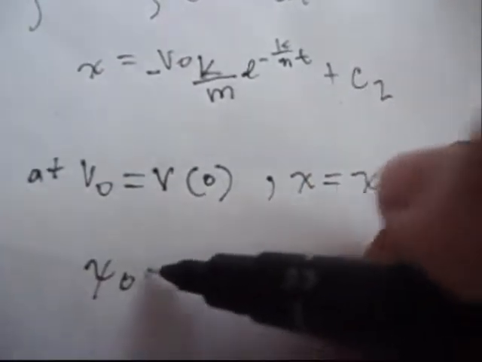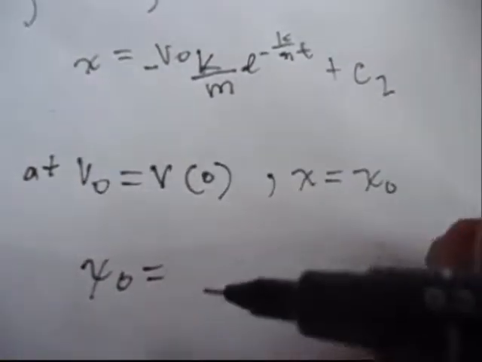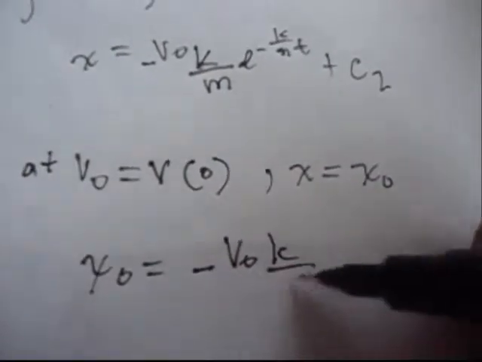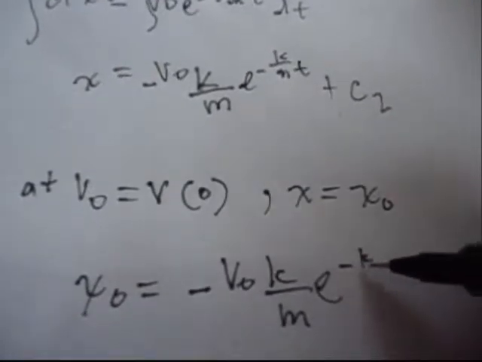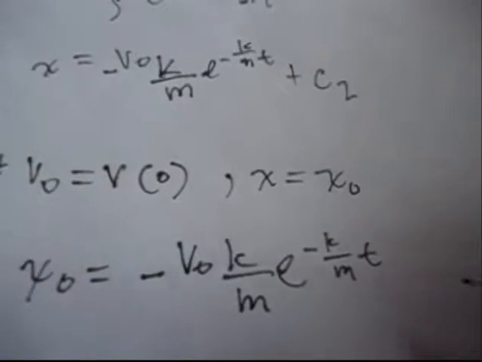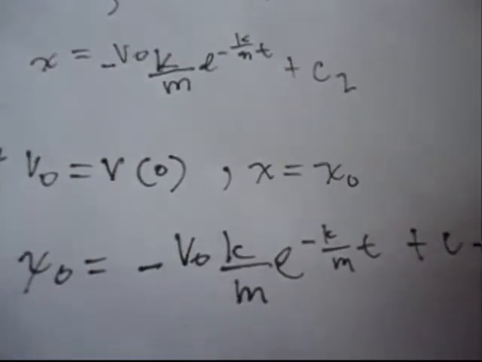So x sub o is equal to negative v sub o times m over k times e to the negative k over m t, plus c2.